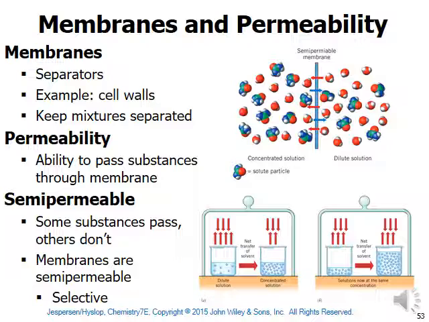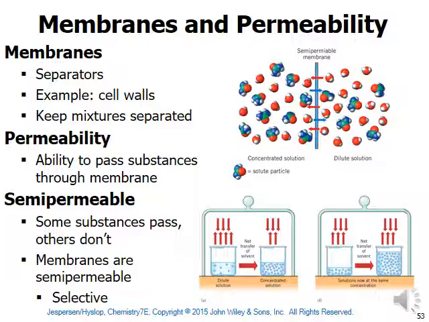One side has particles on it, and the other side has particles in it, and they're separated by the cell wall. Now, if it was an impermeable membrane, then nothing could pass through.